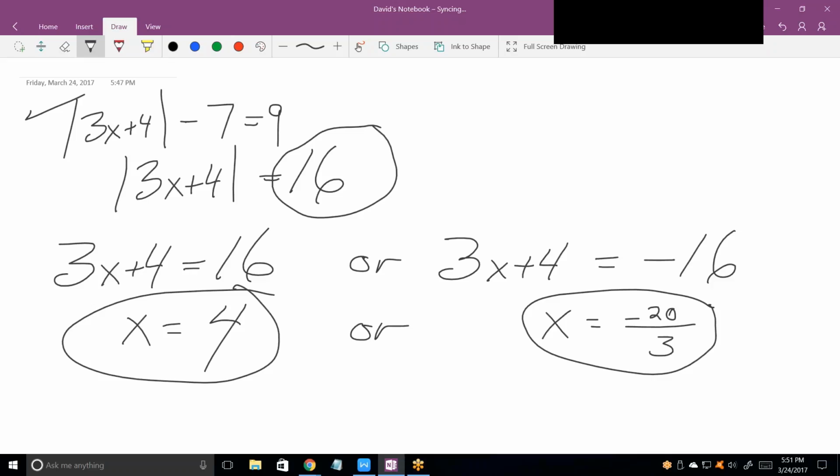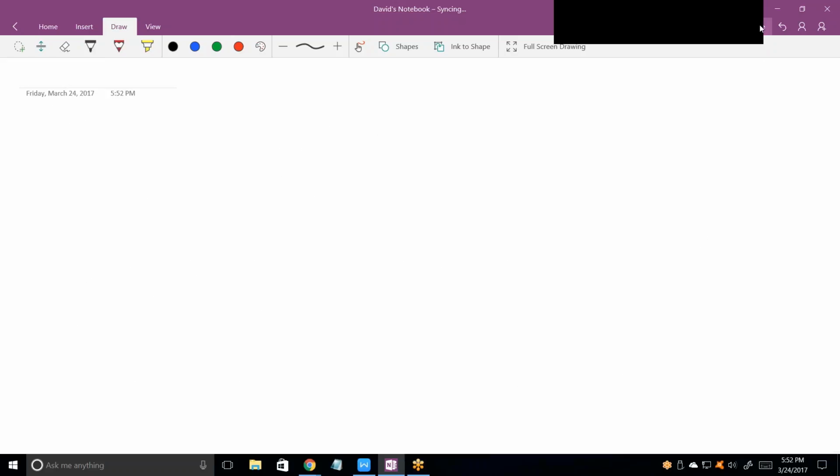And you have to be a little bit careful when you come up with two answers. You generally should check to make sure both answers work. There are certain things that tend to give you extraneous answers, okay? Radical signs are one, absolute value signs are another, and logarithms are a third.